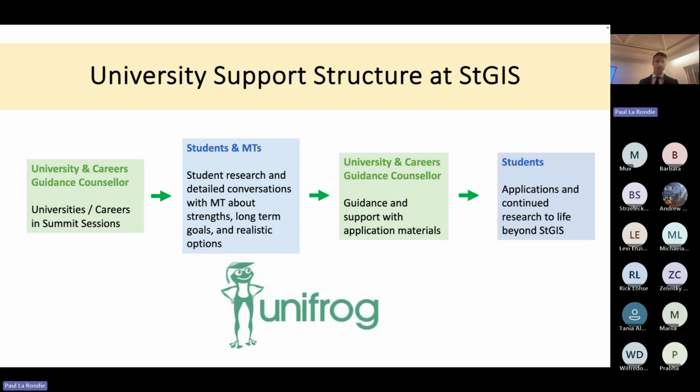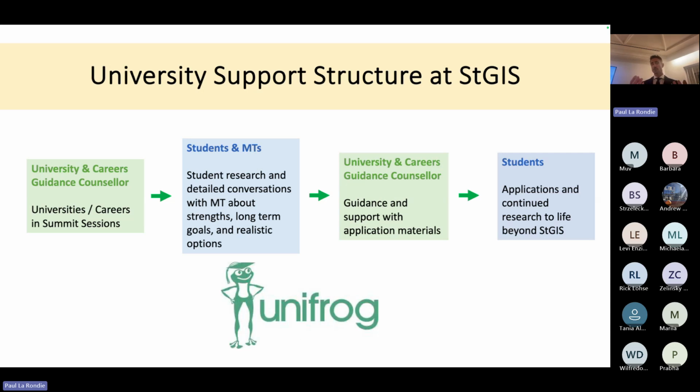So for example, on the IB diploma program, if a child is earning, let's say, 30 points on the IB diploma program, it's probably not appropriate for them to be looking at universities that require a minimum of 39 or 40. And we need to be more realistic and guide that conversation about finding the right university fit for them. I then get back involved with supporting with applications and the specific mechanics of getting them to their universities.